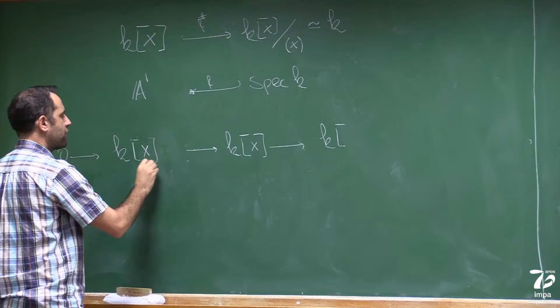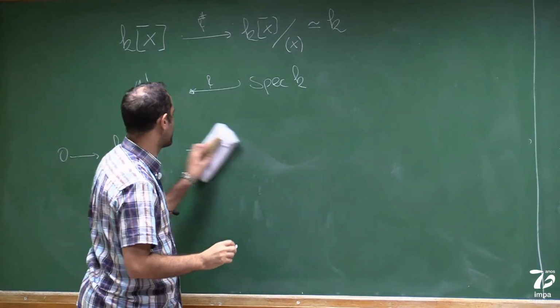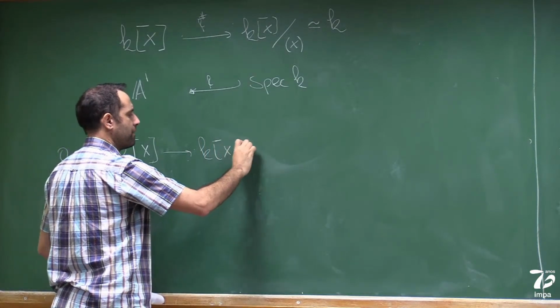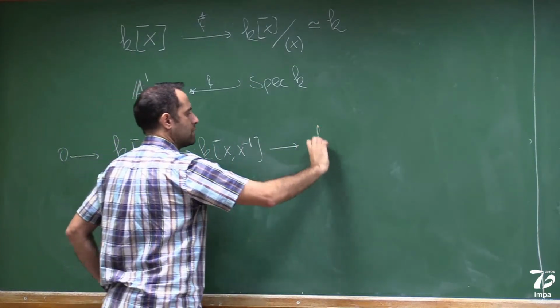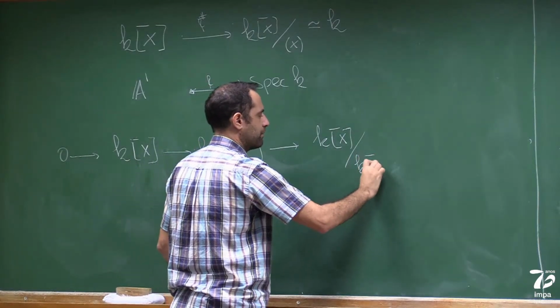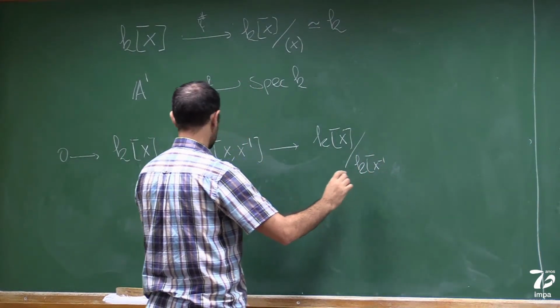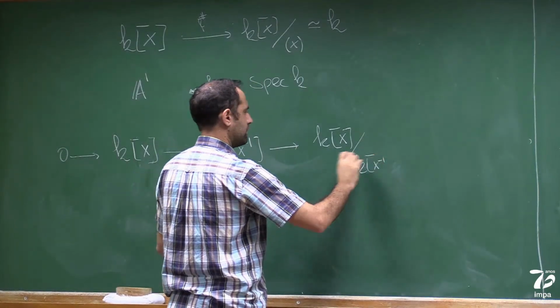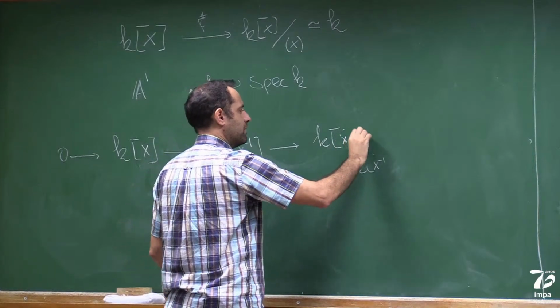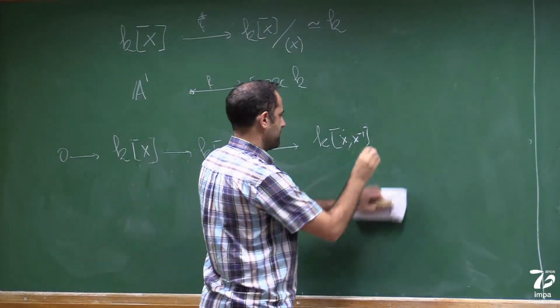So these are regular functions on the line, to functions that have a pole at x equals 0, to the quotient: functions that have a pole divided by regular functions.